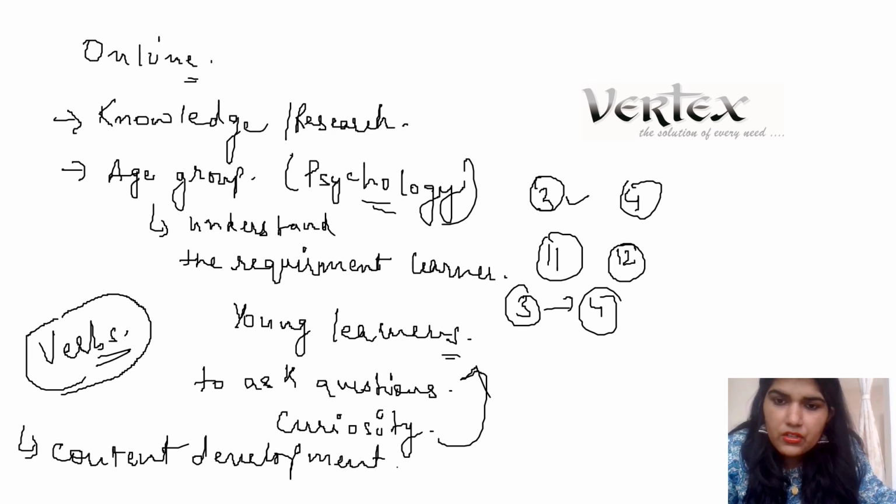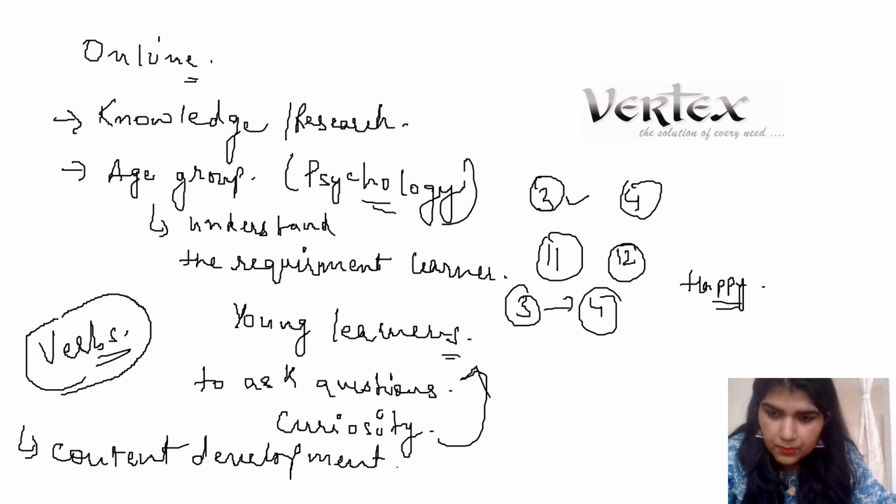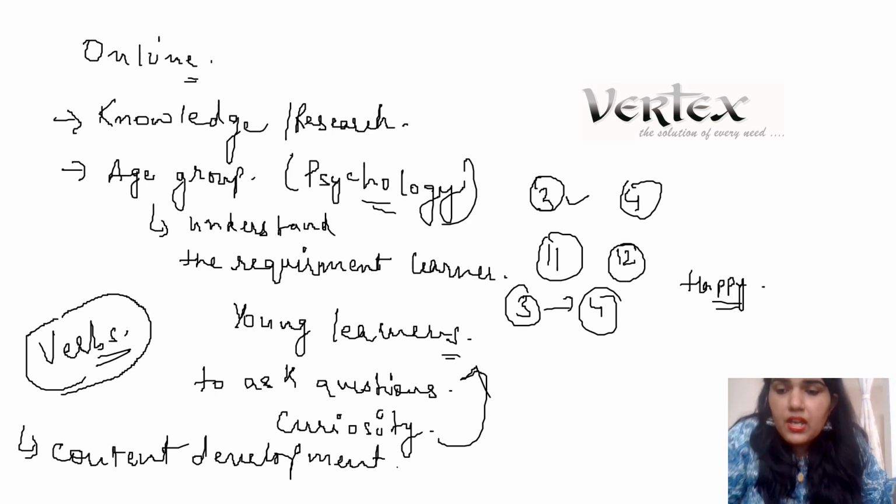It's important that your learner should be happy. Happy not in the sense that he must be giggling, smiling, or cracking jokes, or that you start cracking jokes with the learner. It's important that he is able to grasp what you are teaching. When he is able to grasp it, he will be able to answer the questions.